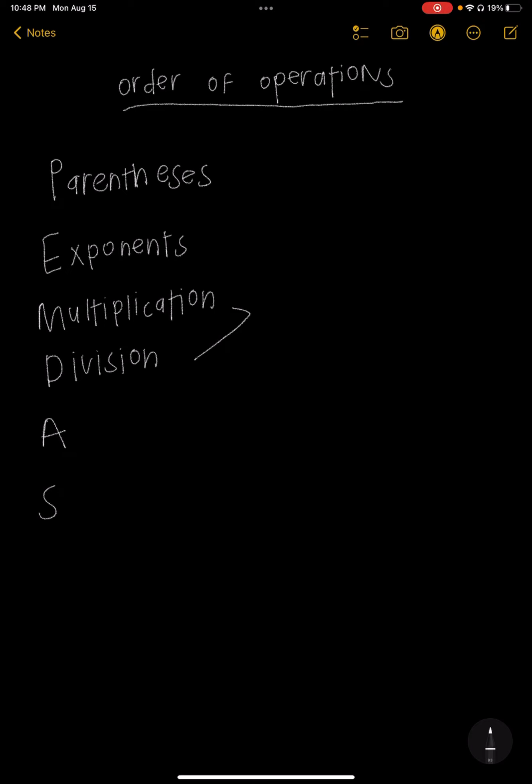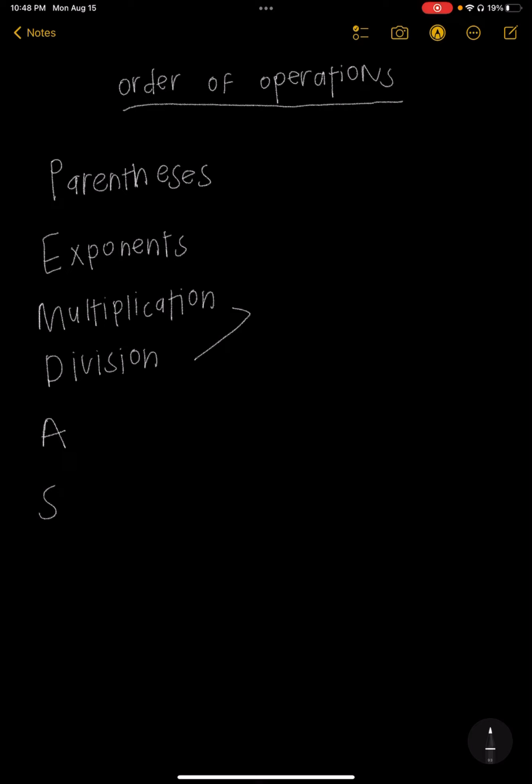It doesn't matter. The way that we determine which way we do first is which one comes to the left, which one is first in the equation, so which one's on the leftmost side. So if division came first before multiplication in the equation, then we would divide before we would multiply.